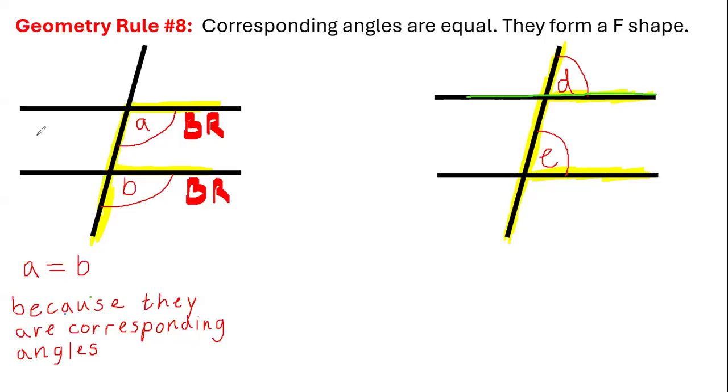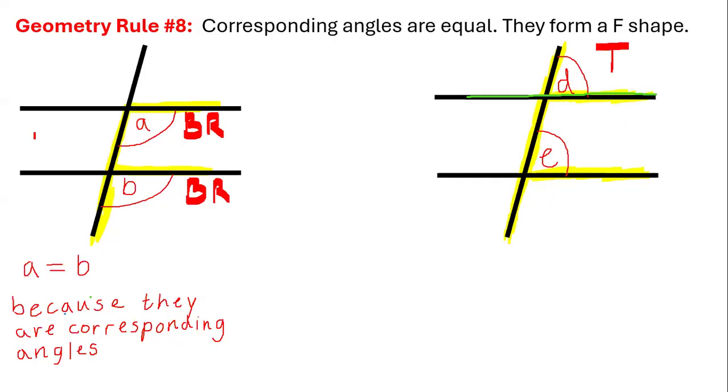Above. D is above it. Very good. So is it at the top or at the bottom of it? It's at the top, right? So top.